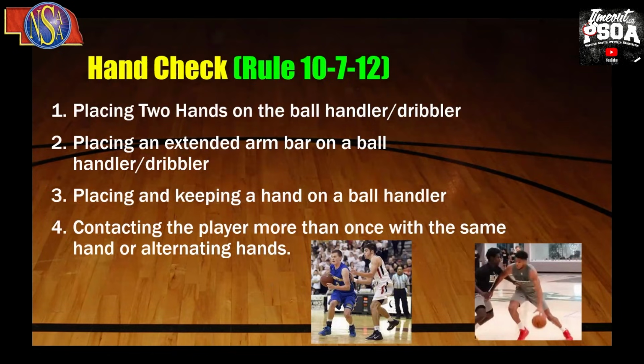Placing and keeping a hand on a ball handler. Automatic foul. And the fourth one, contacting the player more than once with the same hand or alternating hands. Automatic foul. Now let's take a look at a couple plays showing these illegal common foul hand checks.